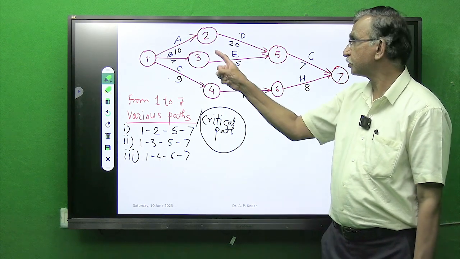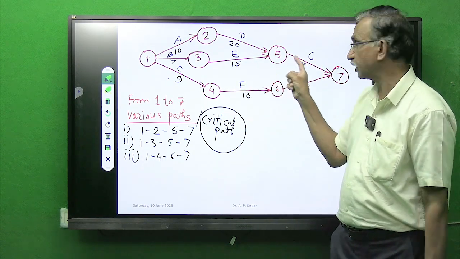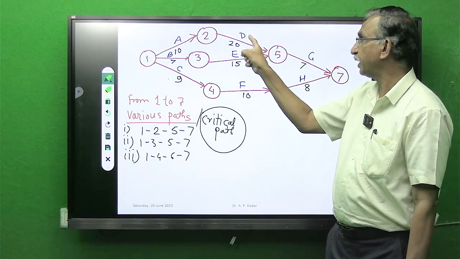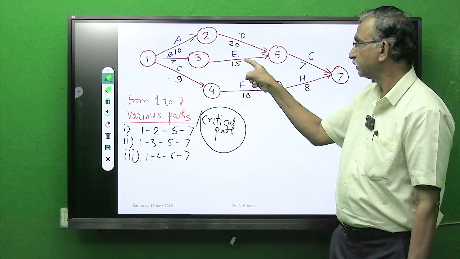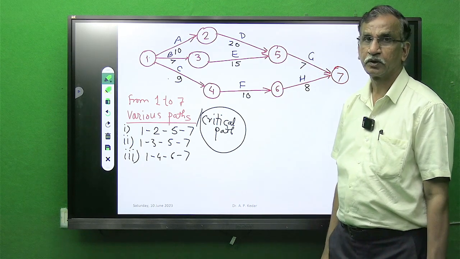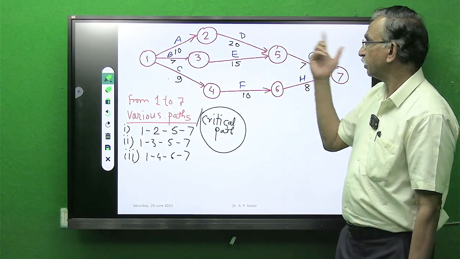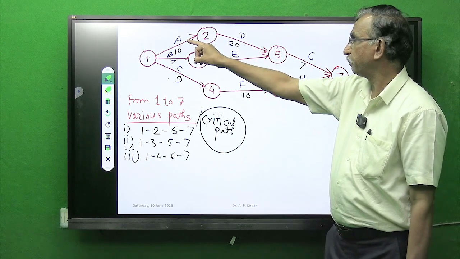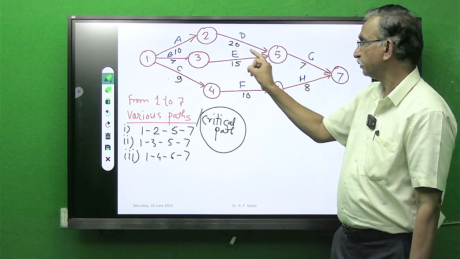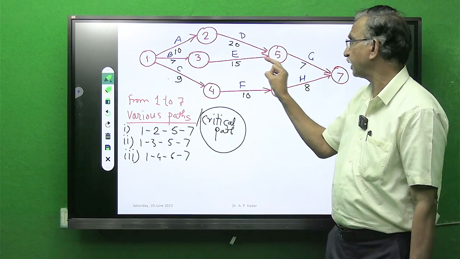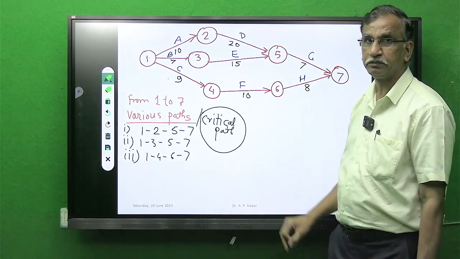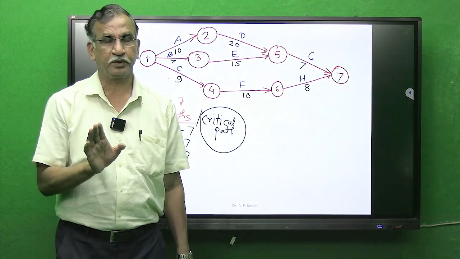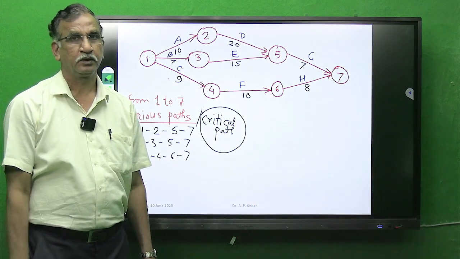See, you cannot start activity G if you finish activities A and D and yet E is yet to complete. What happens if I reach 5 by path A, D, E is yet to complete, and I start activity G? That is not permitted. That is not permitted in network management.